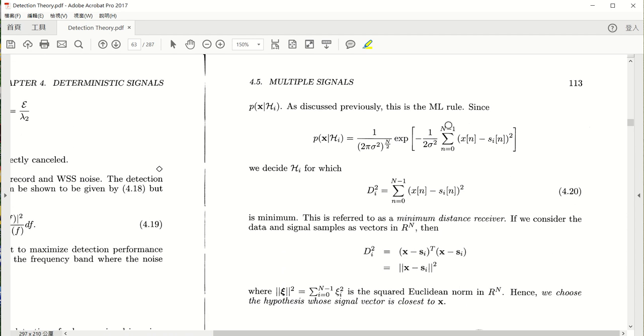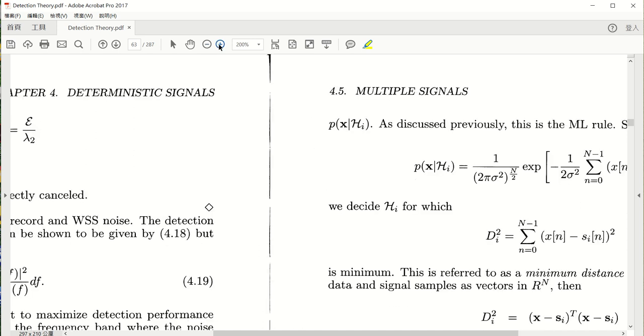And as discussed previously, this is a maximum likelihood rule. If we write it out in a more general sense, we are assuming Hi instead of H0 and H1.